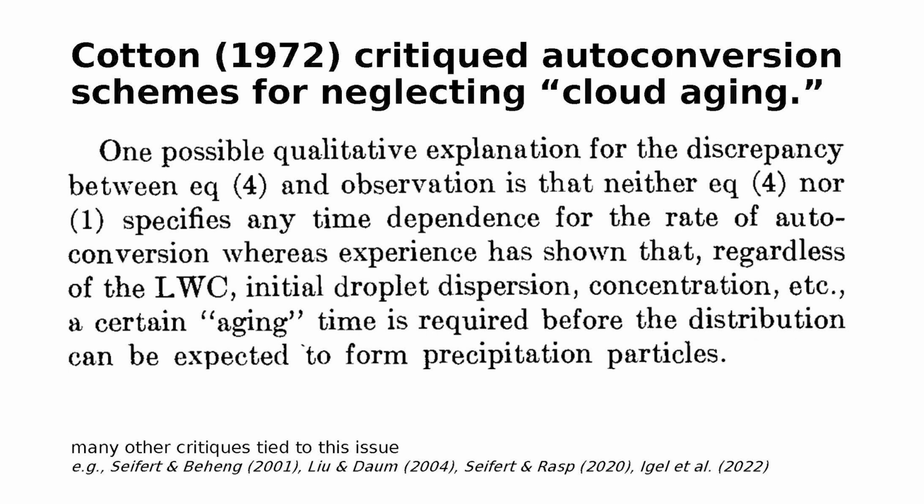But the main critique is that if we're only representing two basic properties of the cloud drop size distribution, we can't represent this process of cloud aging. What this means is that there's always some period of time before a cloud is able to produce precipitation-sized particles.